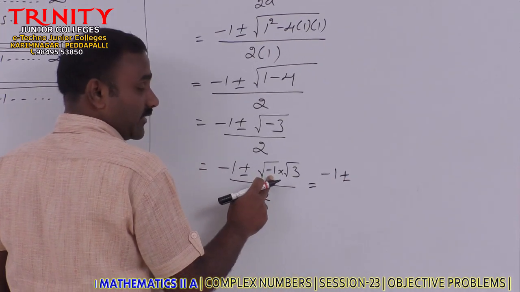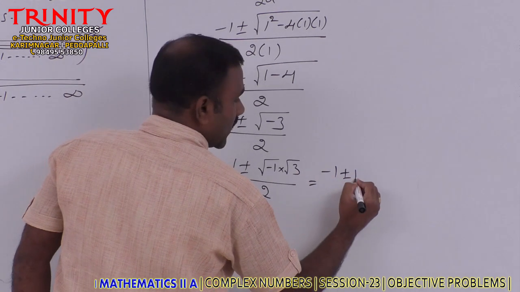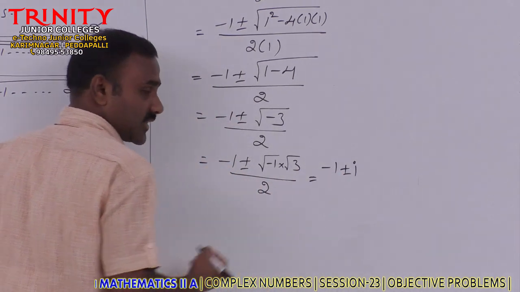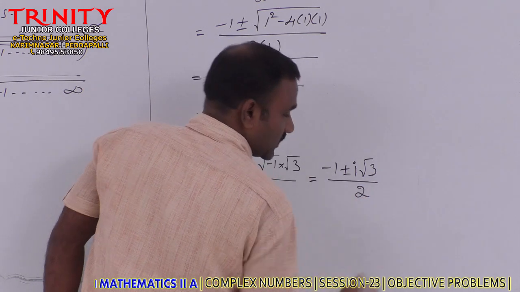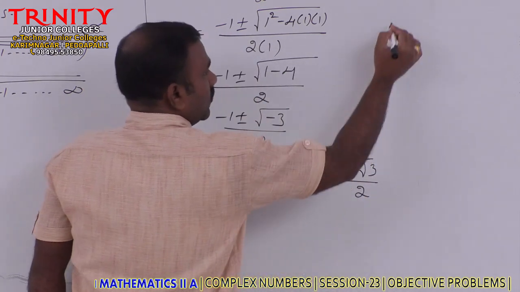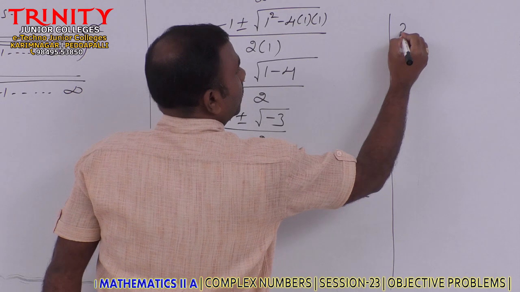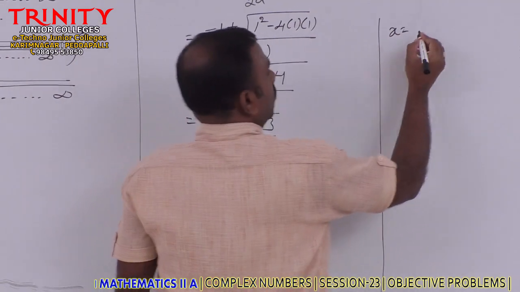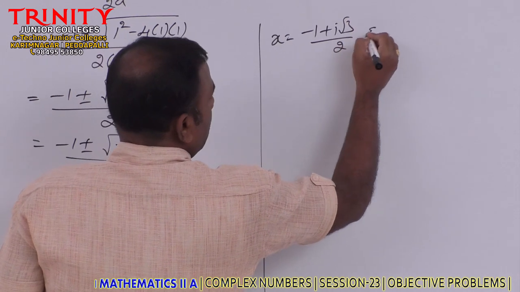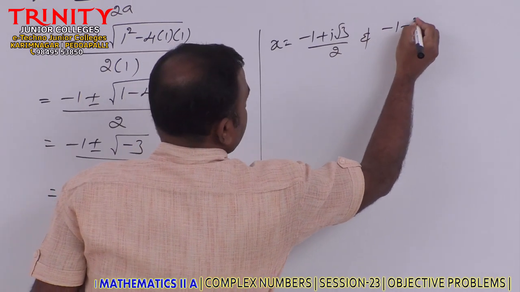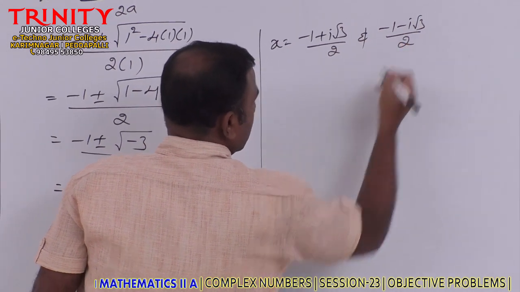Root of a negative value is nothing but an imaginary number. Root minus 1 value is i, so we get i root 3 by 2. These are the roots. If you want to write individually, x is equal to one root is minus 1 plus i root 3 by 2 and the other root is minus 1 minus i root 3 by 2.